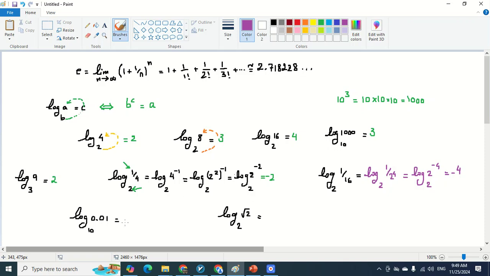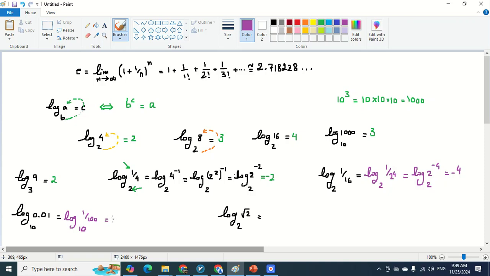So the next logarithm that we have over here is log of 0.01 in a base of 10. 0.01 is the same as 1/100. So you can rewrite that one as 1/100 in a base of 10. And 100 can be written as 10 square.